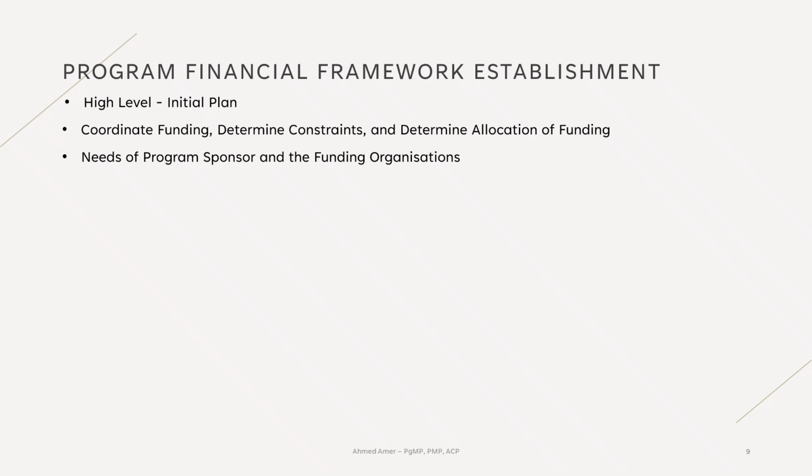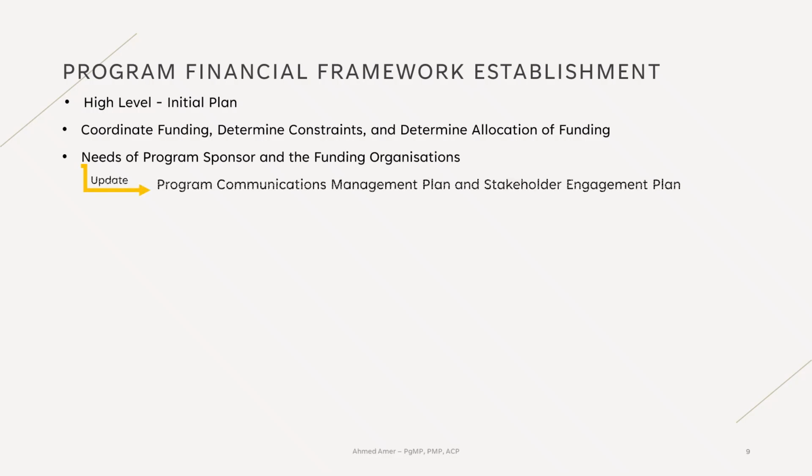Others care more about benefit realization timelines, and some need regular financial reporting to satisfy their internal governance. When these needs become clear, you may need to update your program communications management plan and your stakeholder engagement plan so they reflect how these stakeholders want to receive financial information.